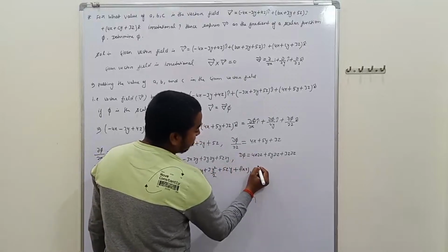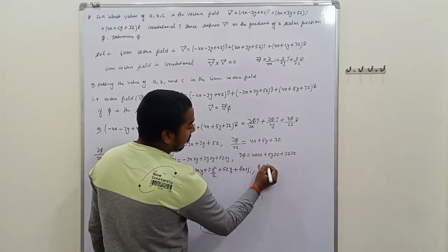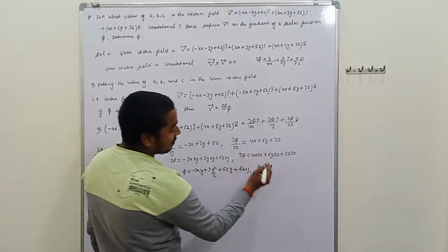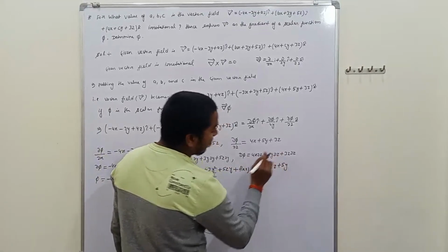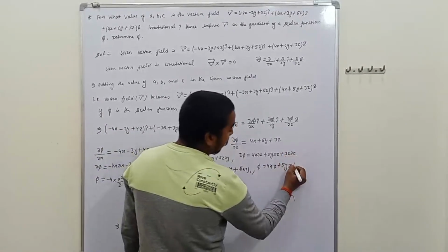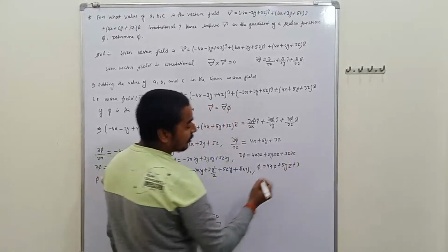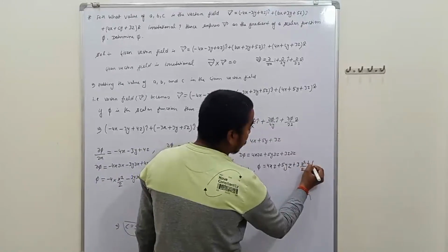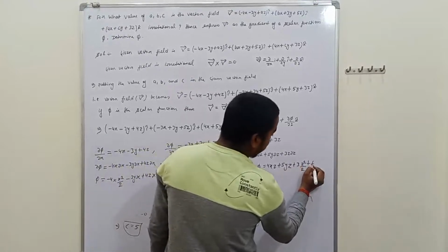Further, for the third, integrating φ, here 4x integrating ∂z with respect to z gives z, plus 5y integrating ∂z gives z, and plus 3z dz integrating with respect to z gives z²/2, and taking the constant, this is f2 and this is f3.